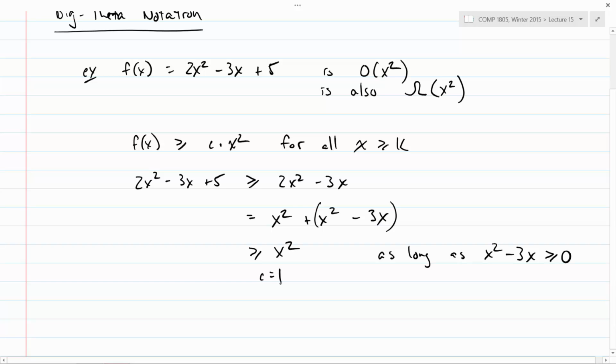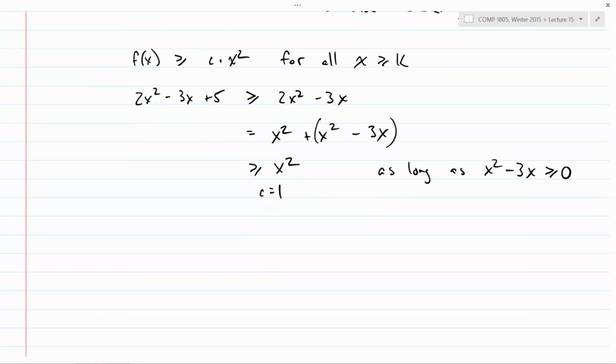And what's my k? Well, my k is the smallest thing usually, but it could be anything, such that all x bigger than that satisfy that inequality. So what we really need to do is solve this inequality. There's a couple of ways you can do it. What I suggested last time was trial and error, and there's nothing wrong with that. So let's start subbing in some values.